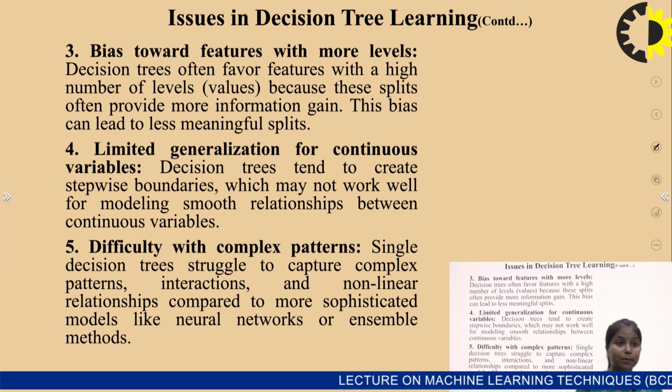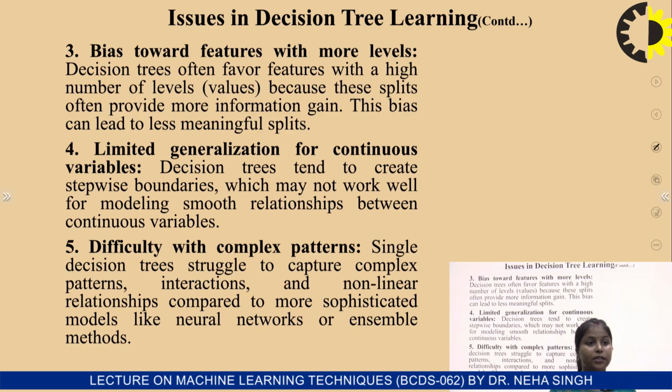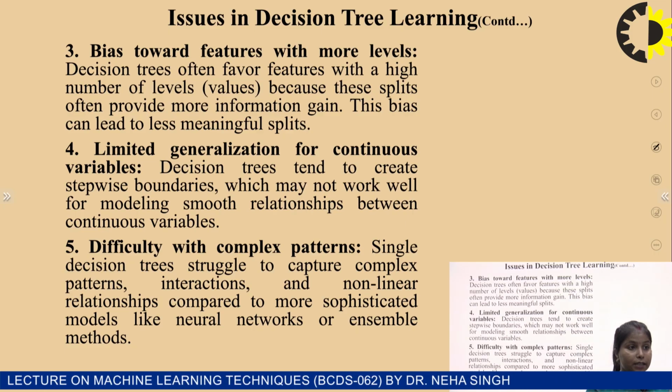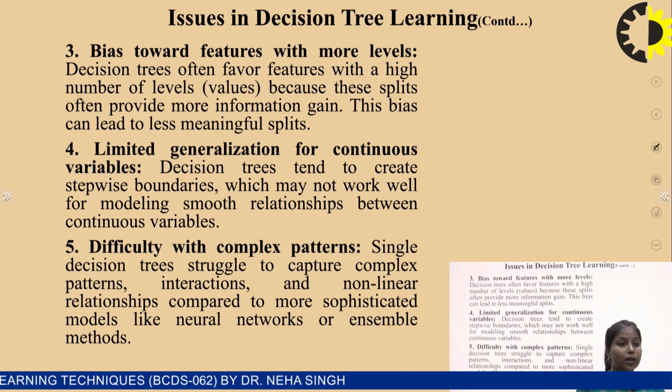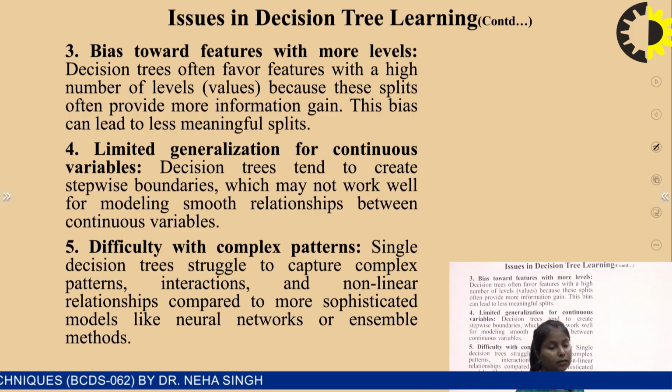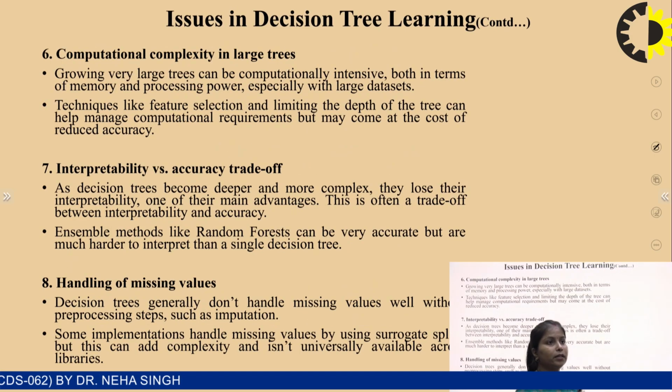Difficulty with complex patterns. A single decision tree struggles to capture complex patterns, interactions, and non-linear relationships compared to more sophisticated models like neural networks or ensemble methods like random forest.